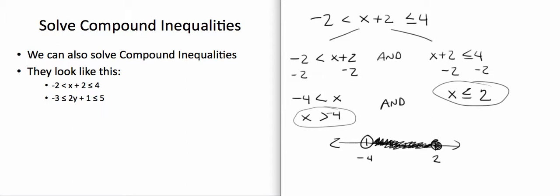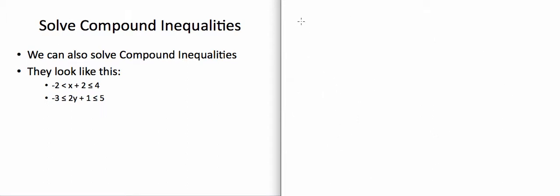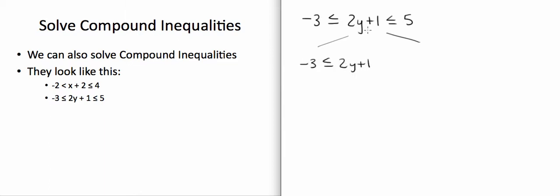Okay, and then let's take a look at the last one. We have -3 is less than or equal to 2y plus 1, and that's less than or equal to 5. So we're going to break this down again. And now this becomes just simply two-step solving inequalities that we've worked on in section 3.